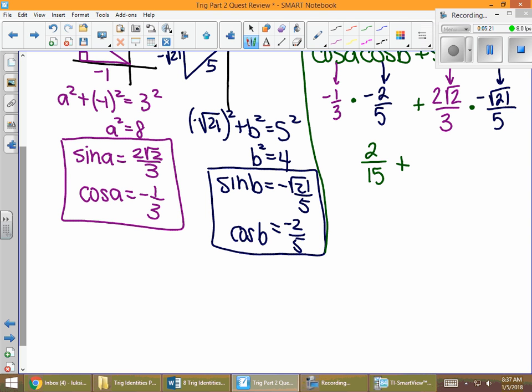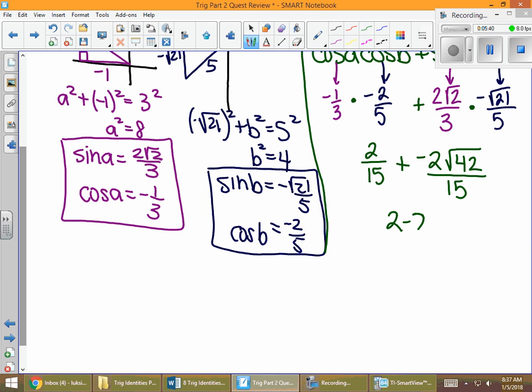Our number in front of the square root of 21 is negative, so I have 2 times negative 1 is negative 2, and 2 times 21 goes under our radical, which is 42, all over 15. We do have that common denominator built in.